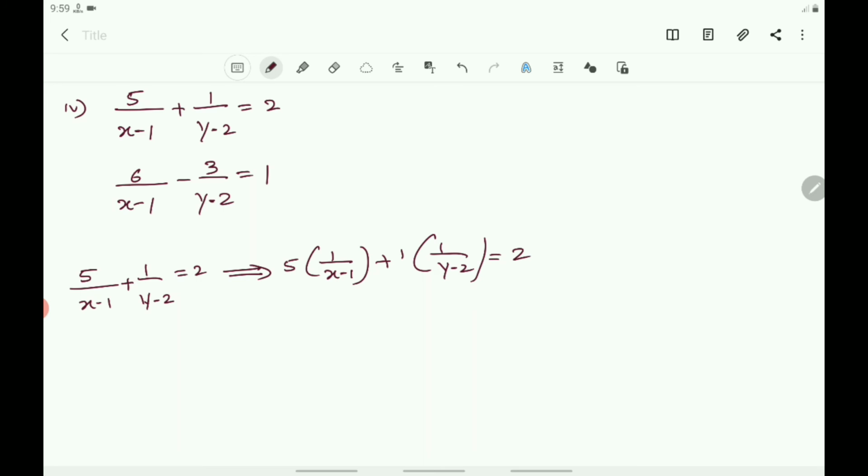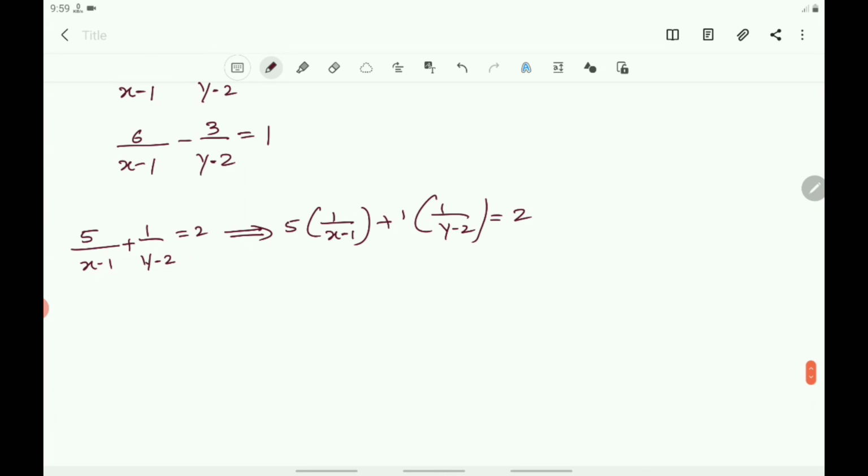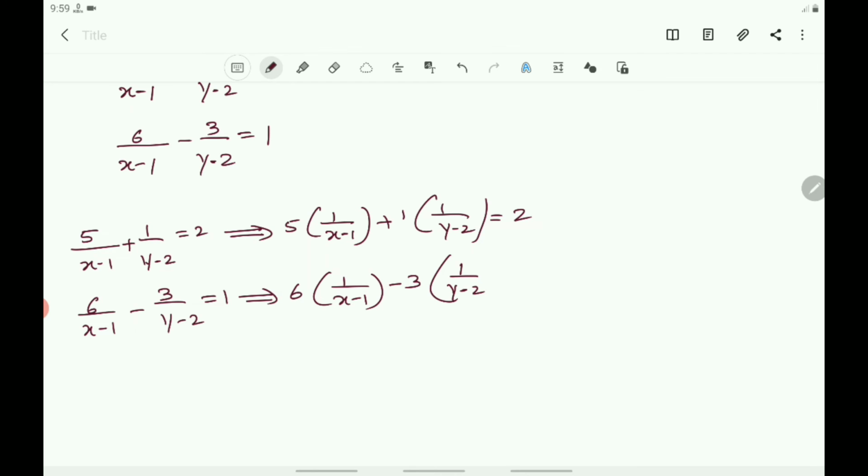Now the second one is 6 by x minus 1 minus 3 by y minus 2 is equals to 1. That is 6 into 1 by x minus 1 plus minus 3 into 1 by y minus 2 is equals to 1.